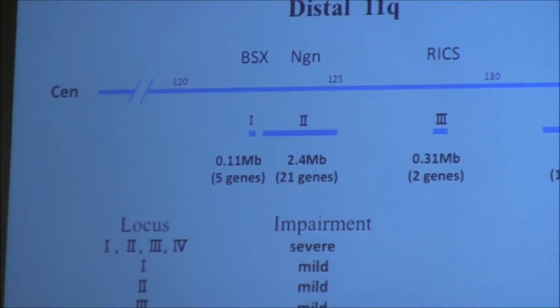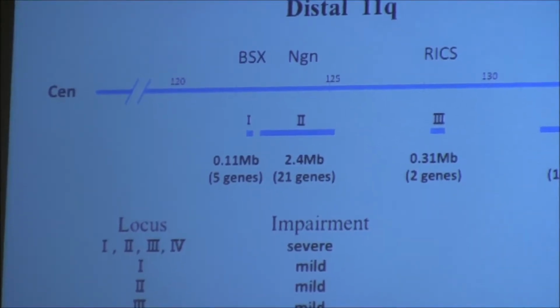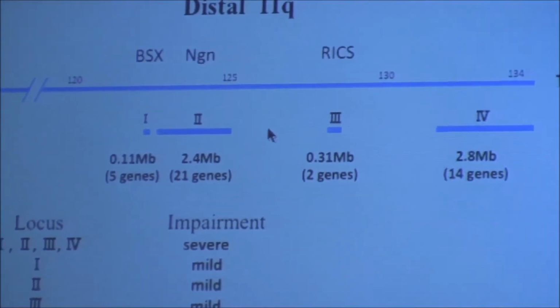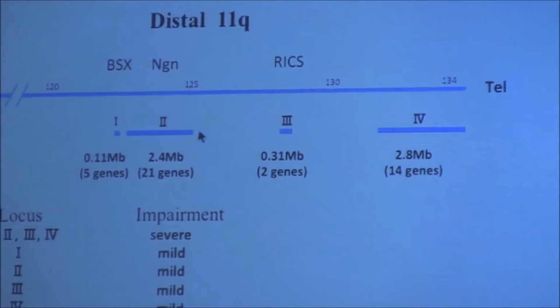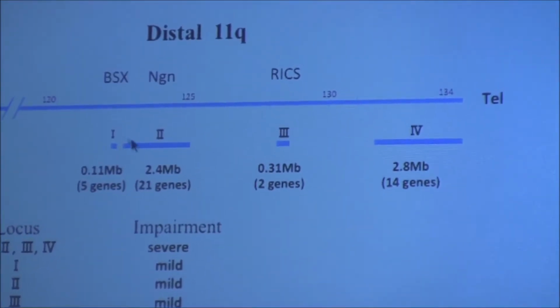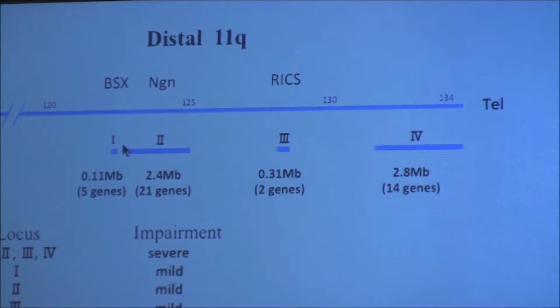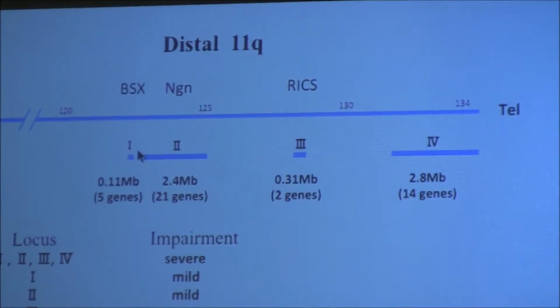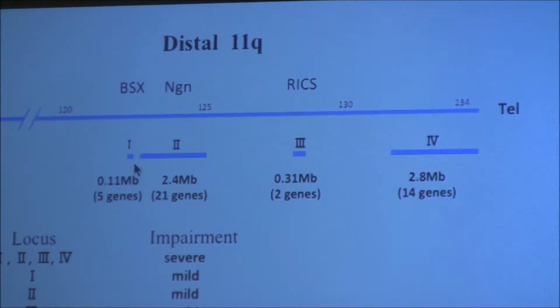Where it gets a little more complicated is when you have multiple regions deleted. So again, the extreme is if you have the big deletion that covers all 4 of these regions, you're going to be most significantly affected. What we found is that this region 1, by itself, if that's just deleted, you're going to be relatively mildly affected.